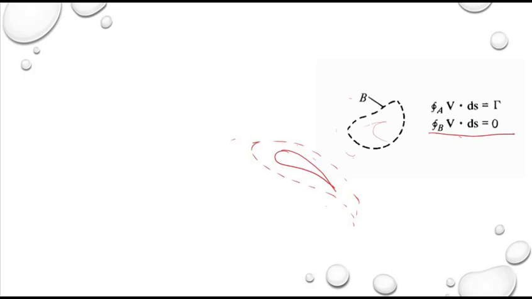In case this curve is enclosing the airfoil, as we said in the equation, the circulation will have a finite value. So by looking at these statements, we can say that in the Kutta-Joukowski theorem, the value of circulation must be evaluated around a closed curve that encloses the body. Only if it is enclosing the body are you going to get a finite value for circulation.